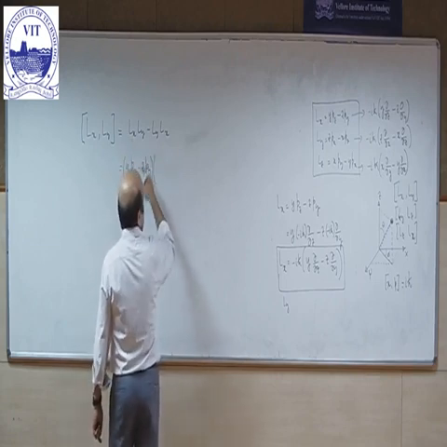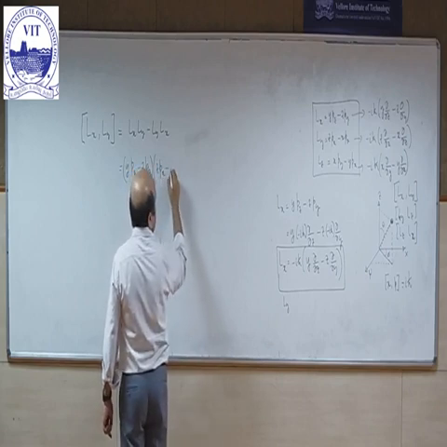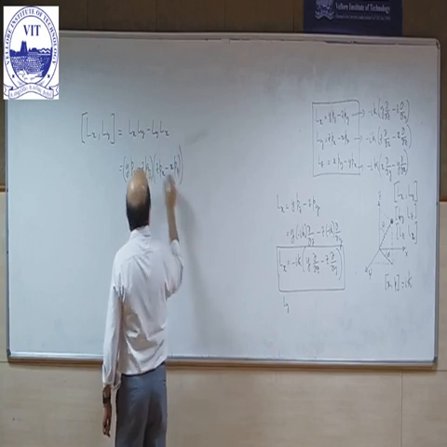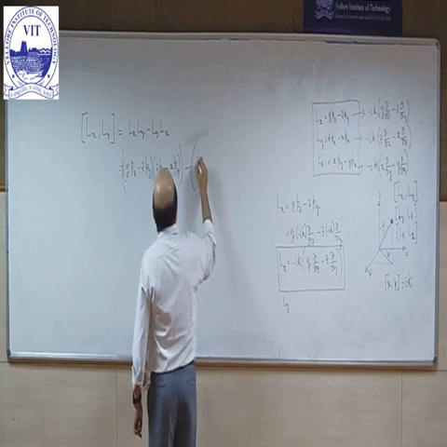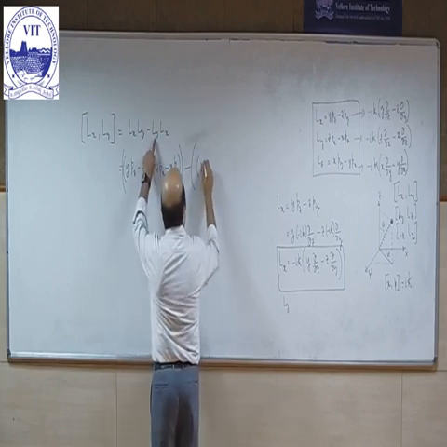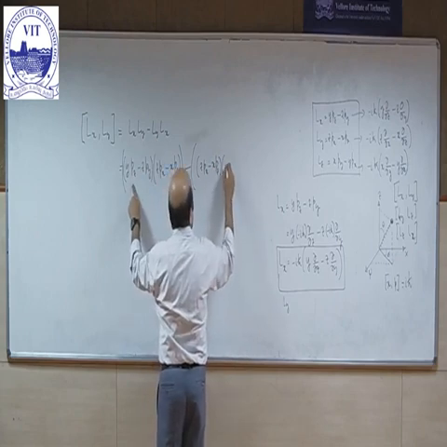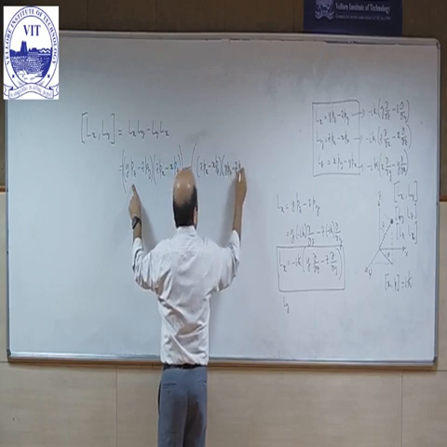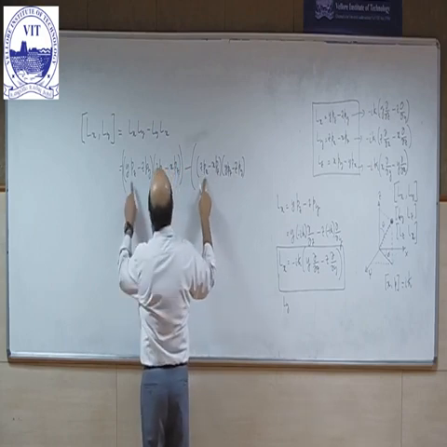And what is Ly? z px minus x pz. This is the first one, LxLy, minus LyLx, where Ly is z px minus x pz, times this one, y pz minus z py.